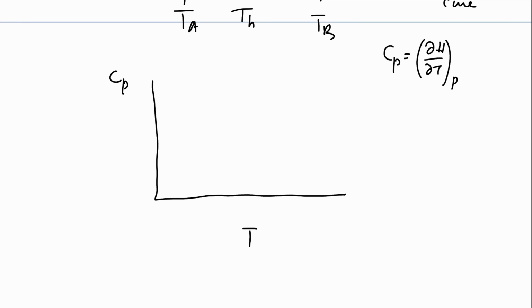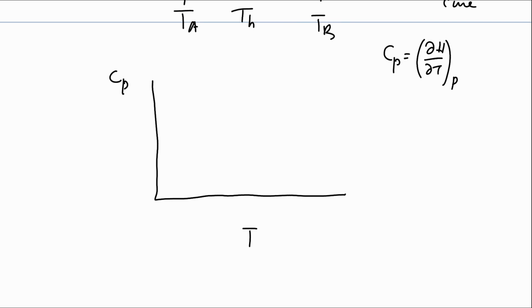It's that derivative, the heat capacity, right? The bigger the heat capacity, the more Q you have to add to get the temperature to go up. But this is the definition. Constant volume would be partial U, partial T, at constant V.